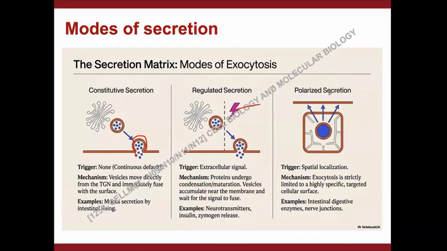And we have the polarized secretion that involves the secretion at one specific end of your cell. And these kinds of secretions can be found in different kinds of cells. Constitutive secretion, more related to, let's say, mucus secretion by intestinal lining. Regulated secretion will involve neurotransmitters, insulins, and zymogen release. While polarized secretion will involve intestinal digestive enzymes and nerve functions.